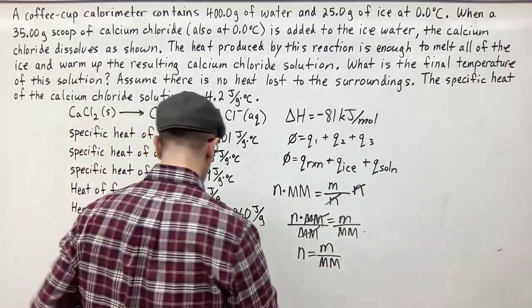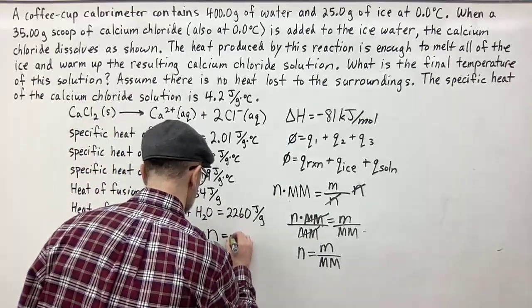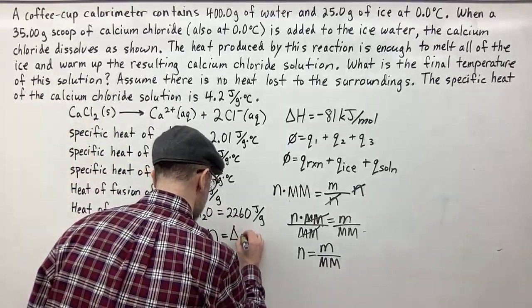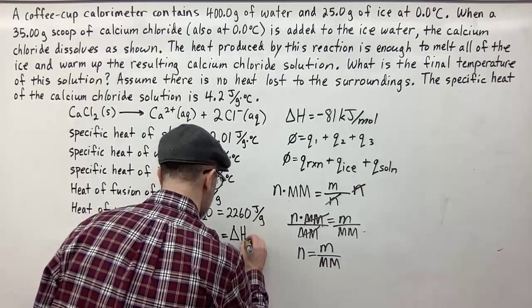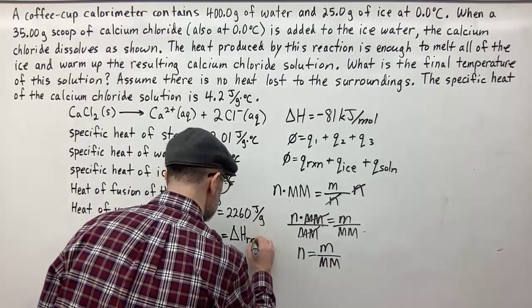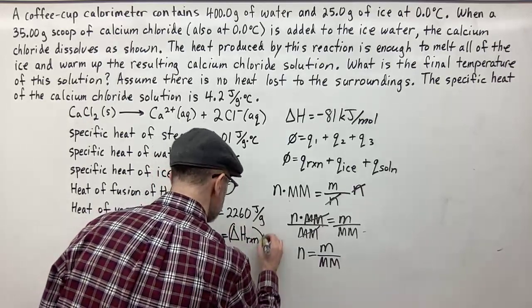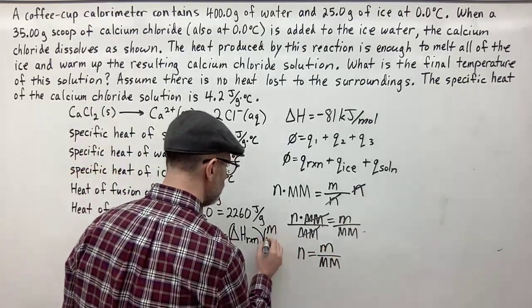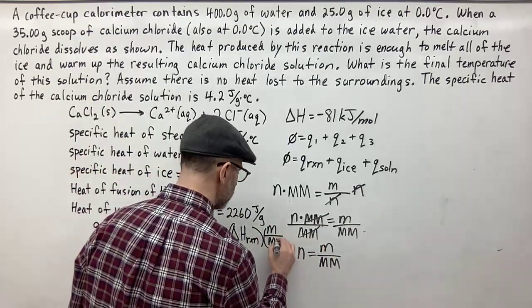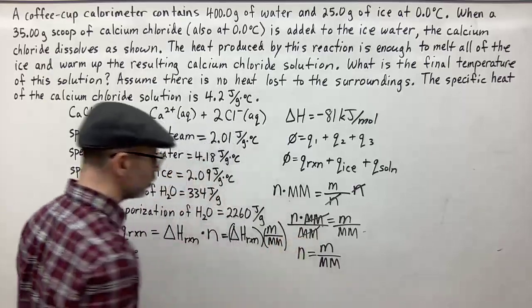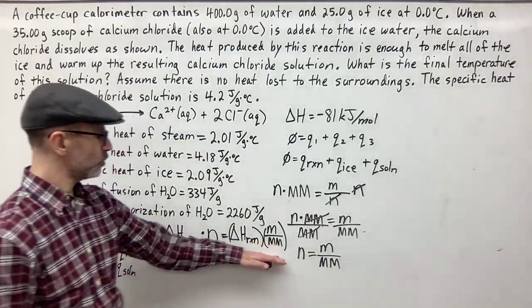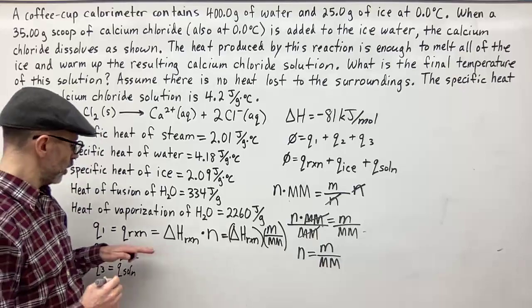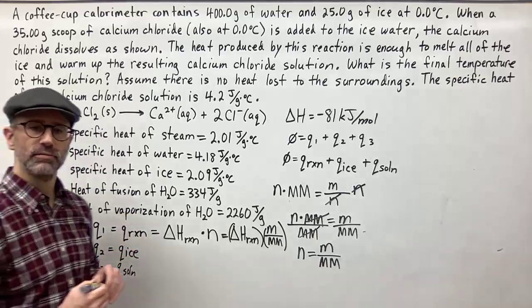So now this is going to be equal to the change in the enthalpy of the reaction multiplied by, instead of N, the mass over the molar mass of the calcium chloride. So that's the formula I can use for Q of the reaction.